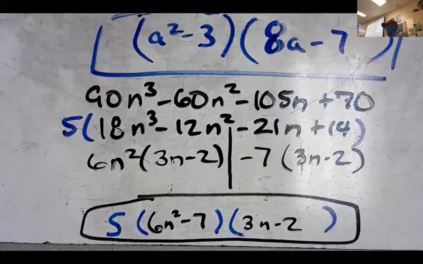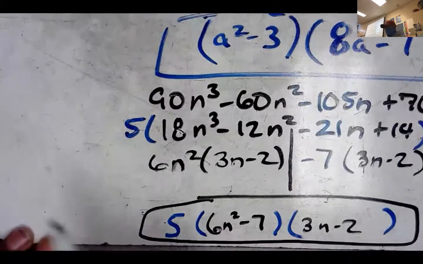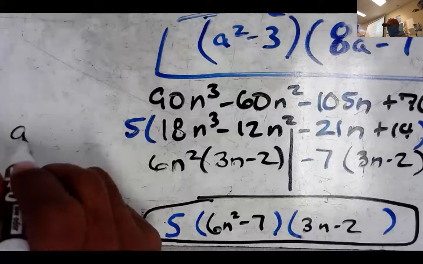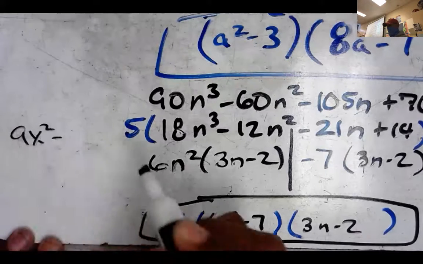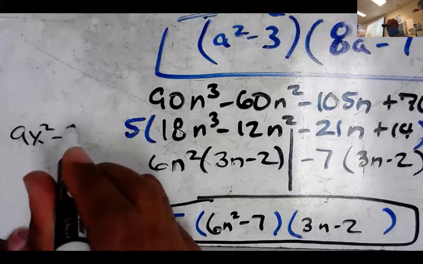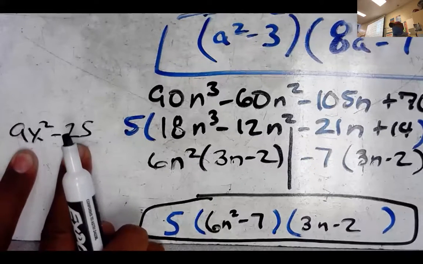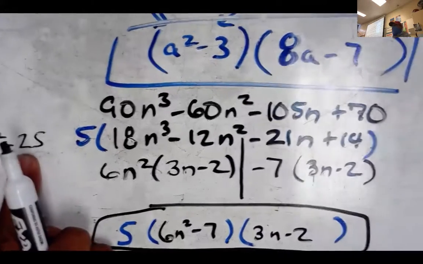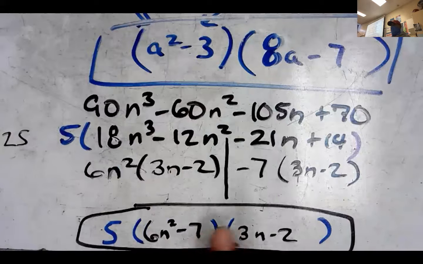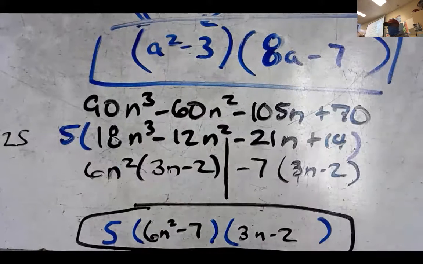Now, in this case, no. If you remember, we were talking a minute ago, if I have like 9x squared minus, I don't know, 25, those are two perfect squares, right? So check. Do I have two perfect squares in one of those? If you do, then you might be able to factor it even further, okay?